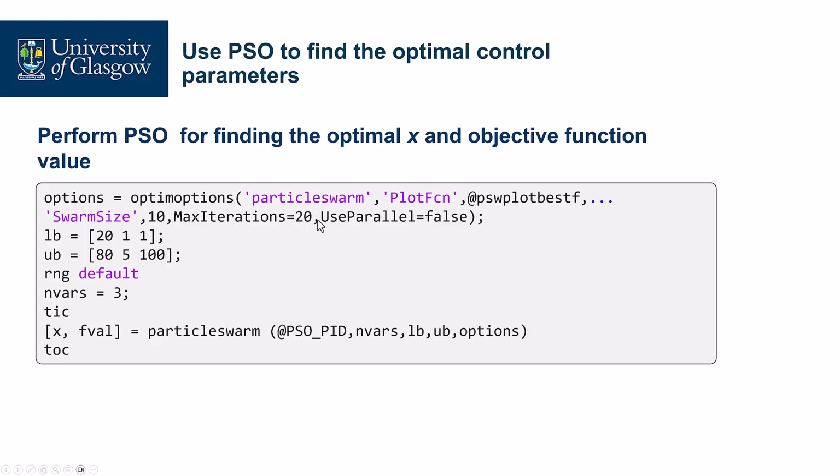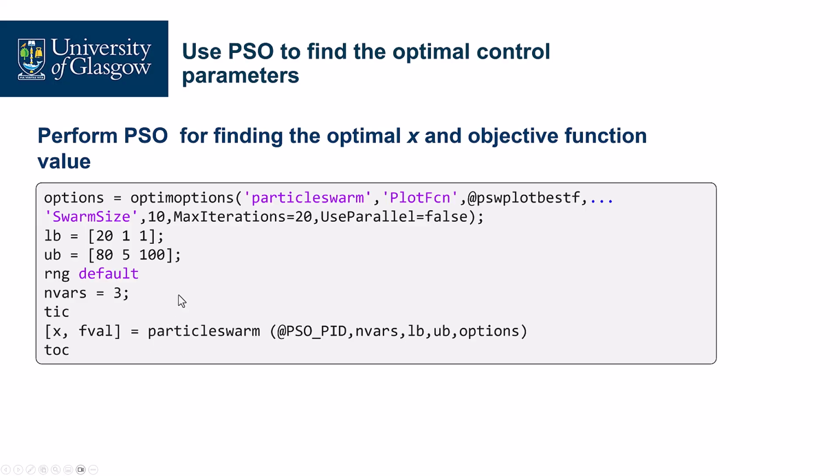Maximum iteration is 20, and I don't use parallel computing. This is the lower bound and the upper bound of the three design variables, and this is the objective function. We use the format of the particleswarm function that we introduced before. The tic and toc means we will get the runtime of this optimization.